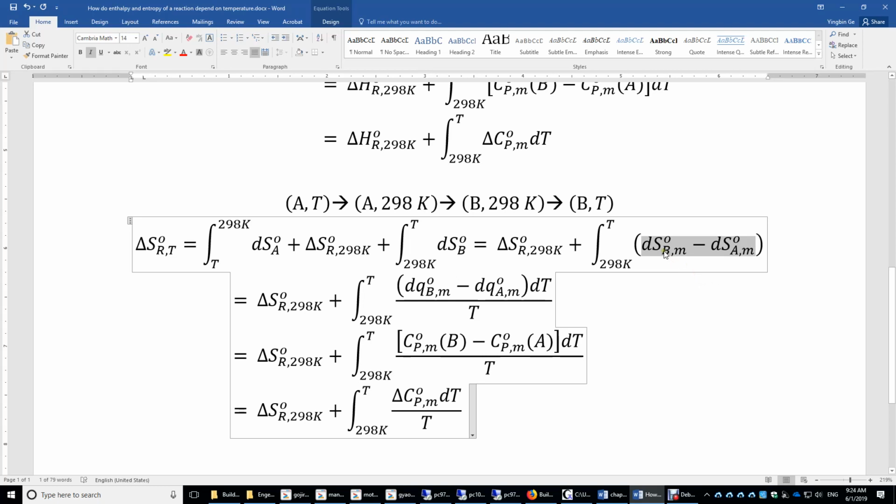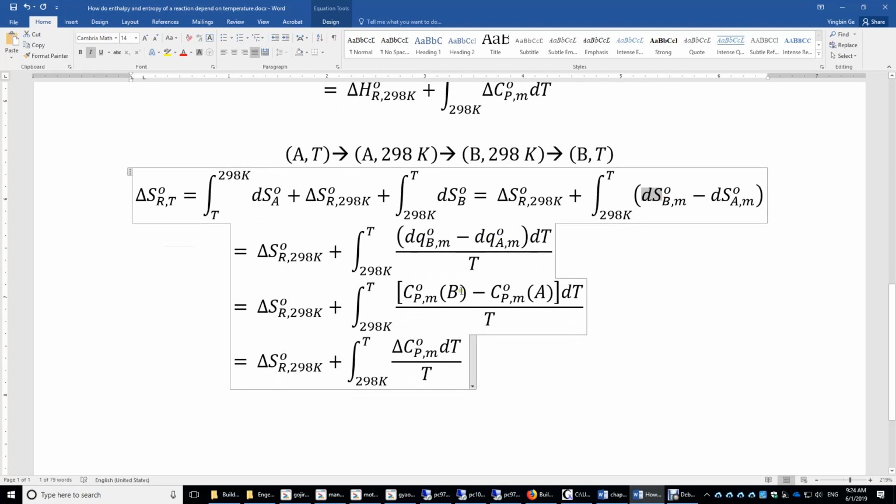And we know the definition of dS is dq reversible over T, assuming we are using a reversible process, and we can convert this dS to be dq over T. So we have dq of B minus dq of A. And because the process is isobaric, we convert dq to Cp dT. Therefore, we have Cpm of B minus Cpm of A times dT over T.